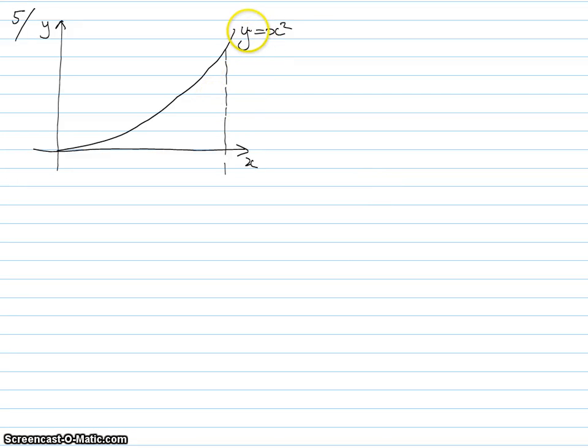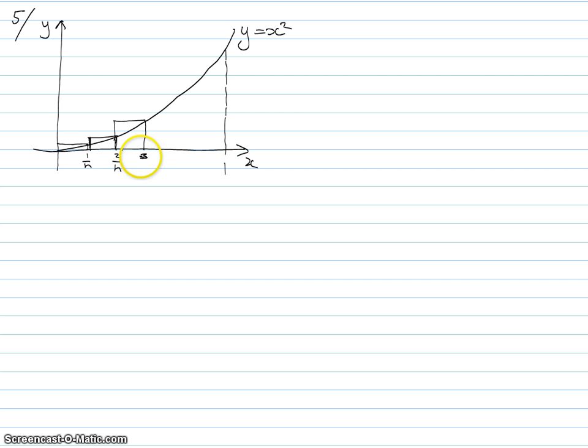Question 5 gives us the graph of y equals x squared. It then asks us to draw all these rectangles of width 1 over n that look like this. So this is going to be 2 over n, another 1 over n across.